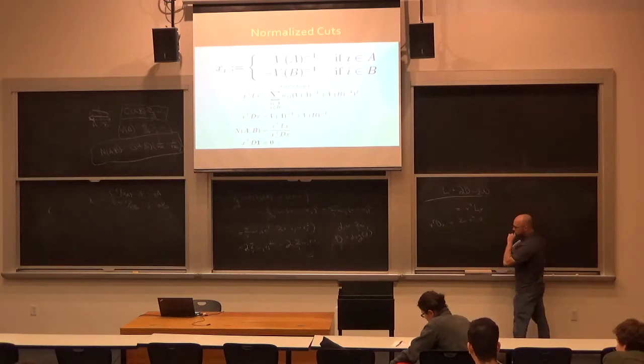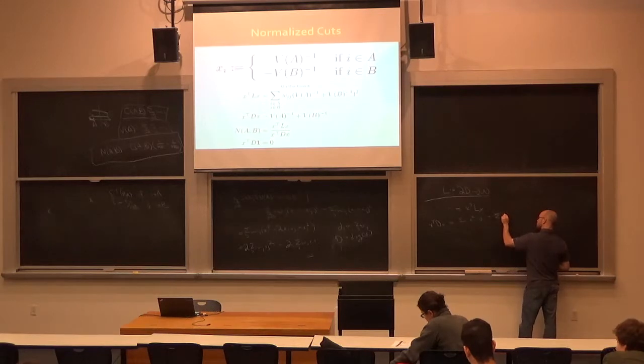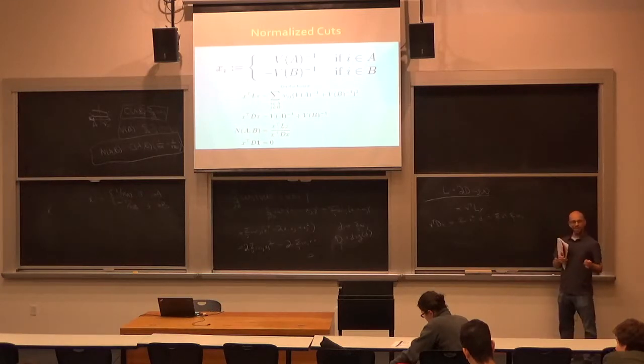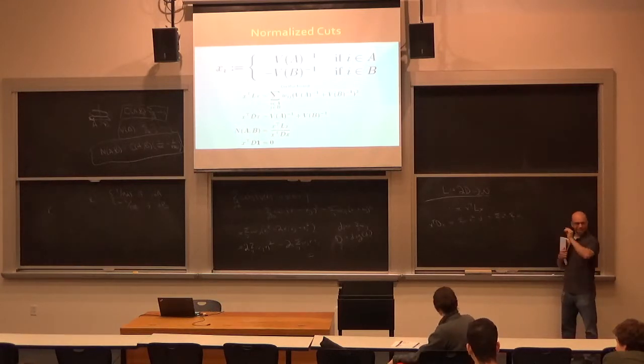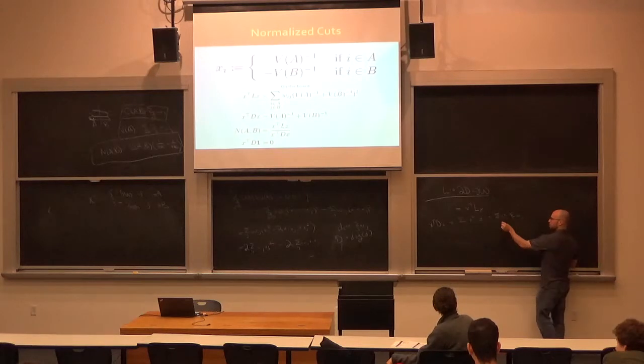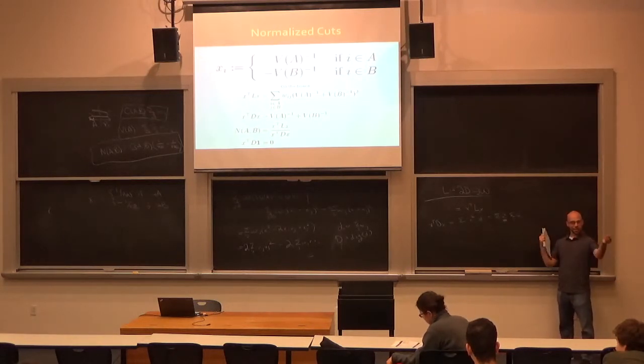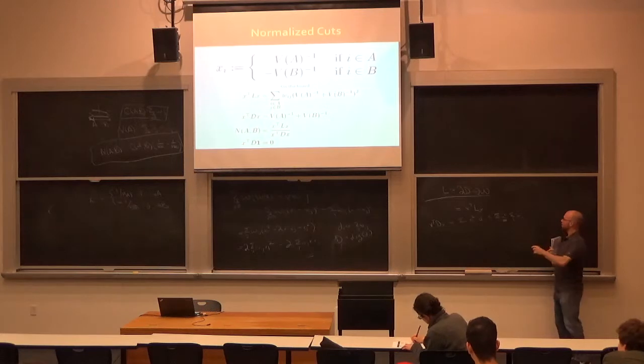And in particular, di is the sum over j of w i j. Okay? And now for my next trick, I'm going to take this sum over i and split it into a sum over A and a sum over B. Remember that I have this partition of my data points into 2 sets A and B? So this is the same.